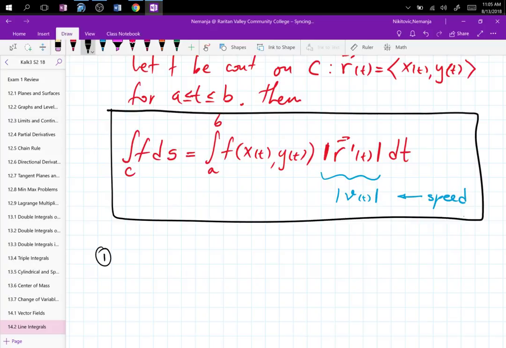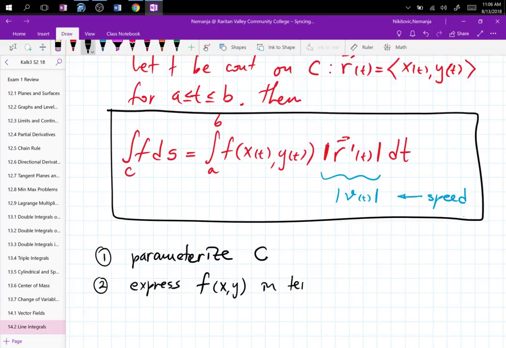Number one, parametrize C. Two, express f of x, y in terms of x of t, y of t.